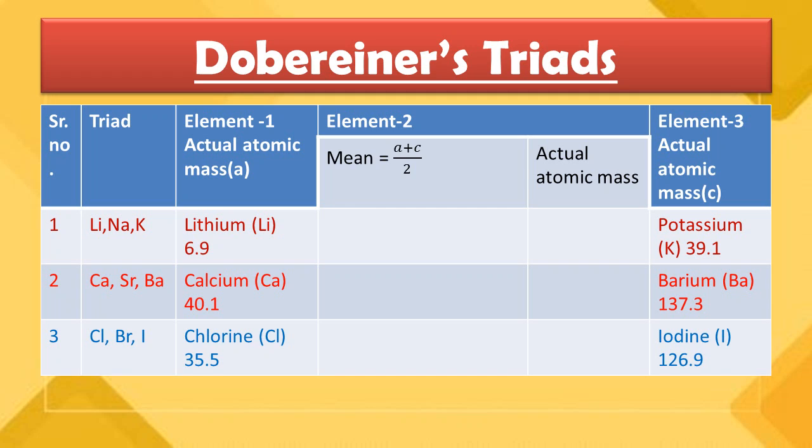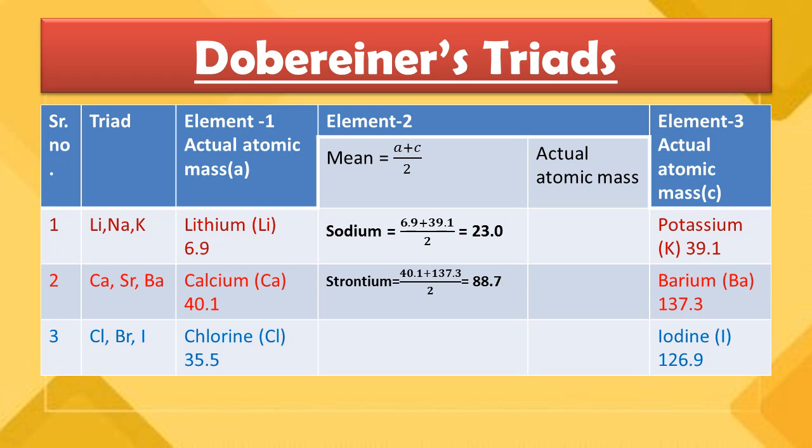The atomic mass of lithium is 6.9, and potassium has an atomic mass of 39.1. Now the atomic mass of sodium will be equal to 6.9 plus 39.1 divided by 2, the mean of the atomic masses of the other 2 elements. So it is 23.